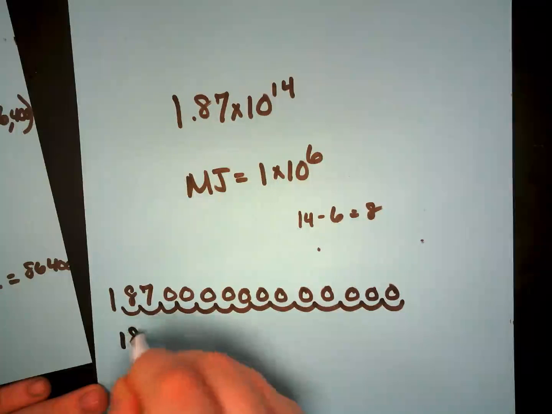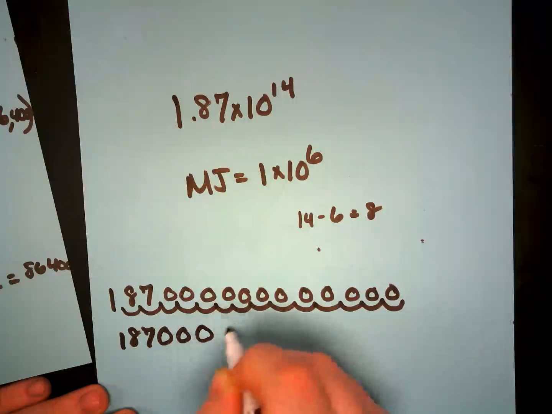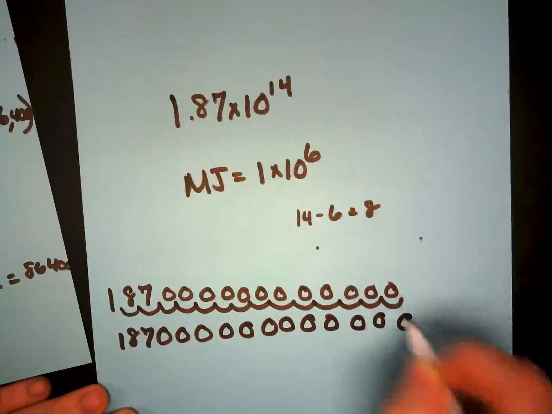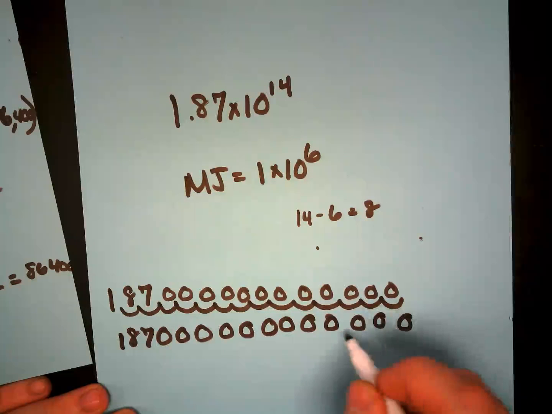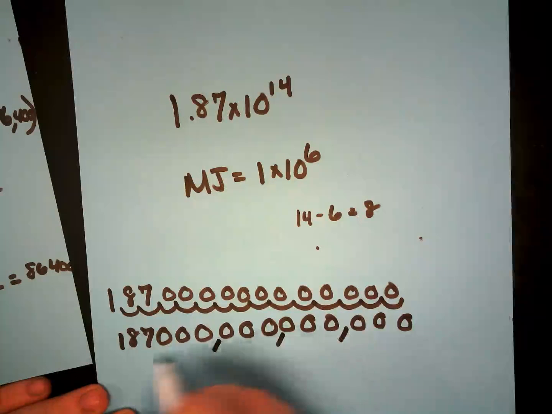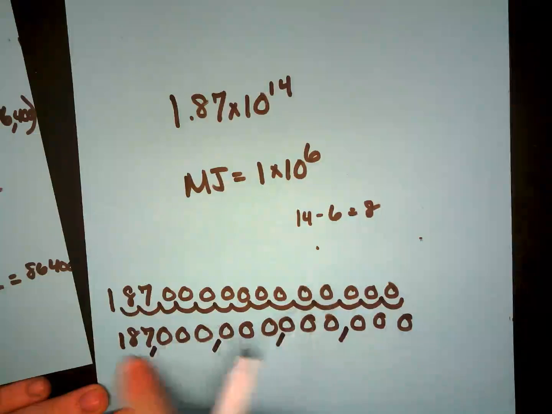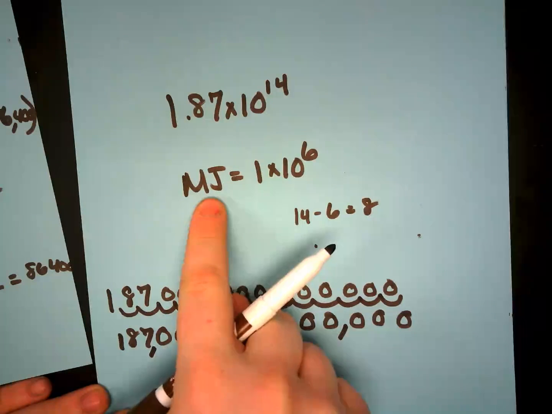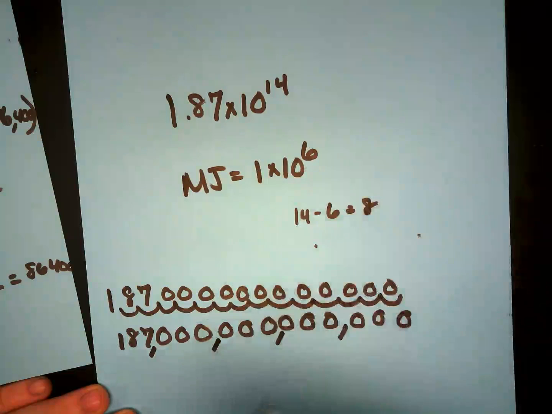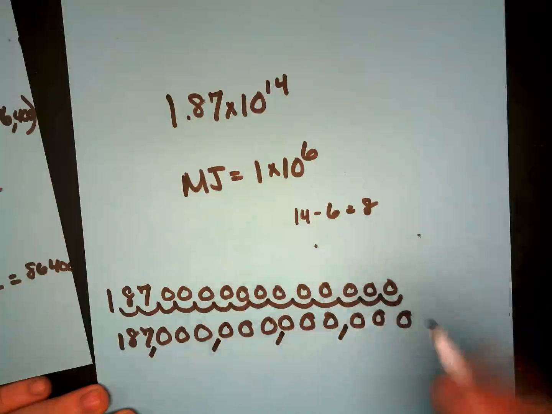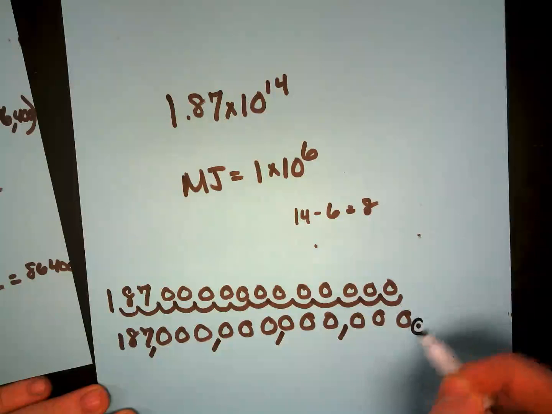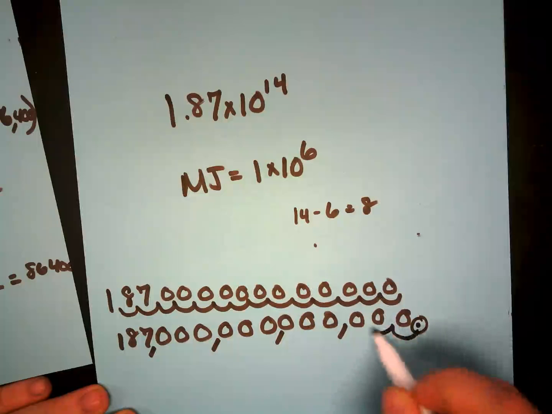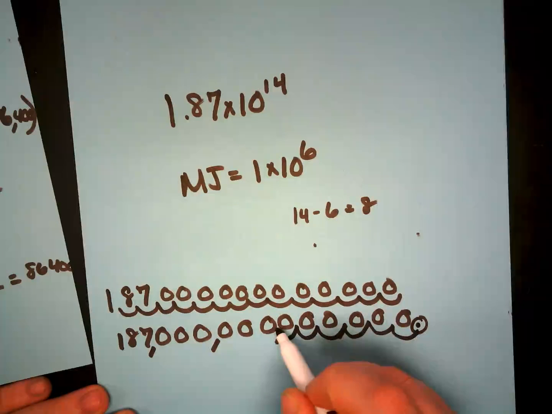So this right here is the same thing as this guy right here, but we want to have them in megajoules. And if megajoules are 10 to the 6th power, it'd be like taking your decimal from right here and just moving it 6 places to the left.